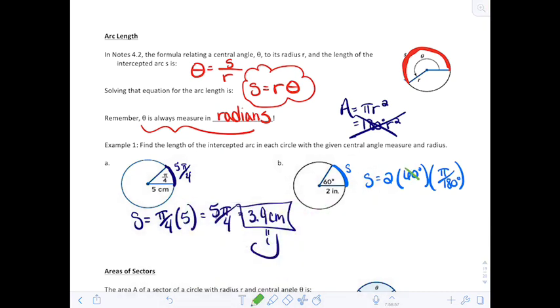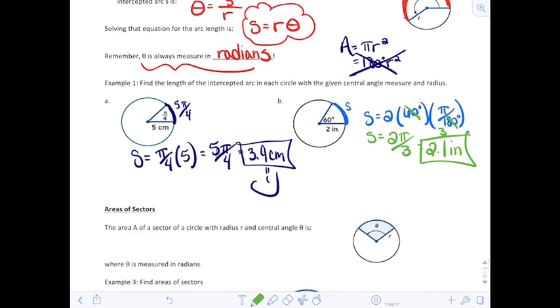So 60 degrees goes into 180 3 times, so we would get 2 times pi over 3, so our arc length is 2 pi over 3. And again, this is a length, and we're in inches, so we want to do 2 times pi divided by 3, and we get a length of 2.1 inches when we round.